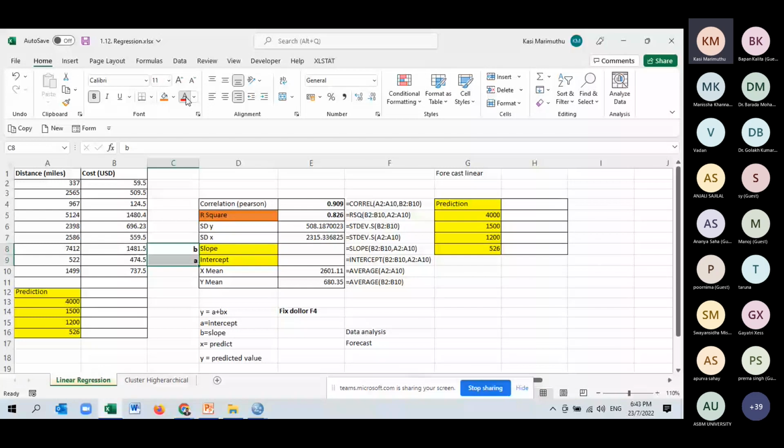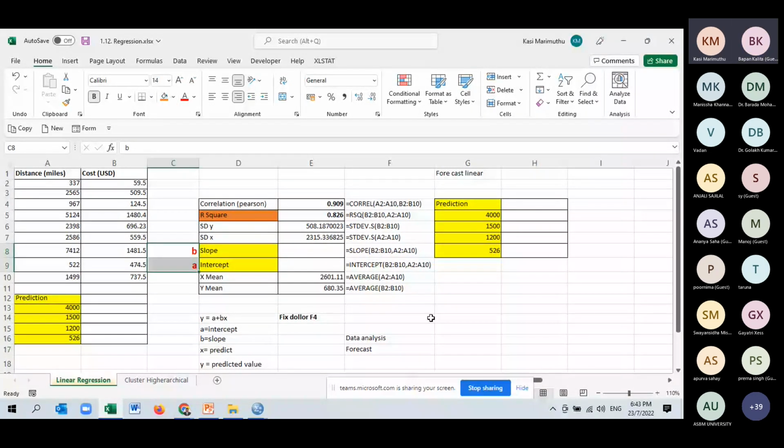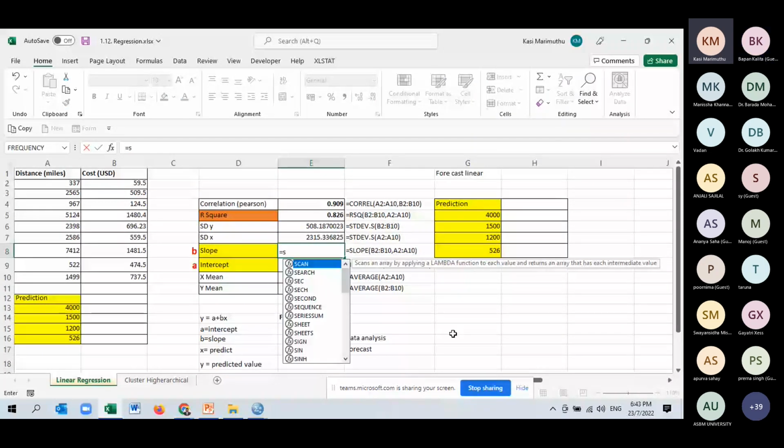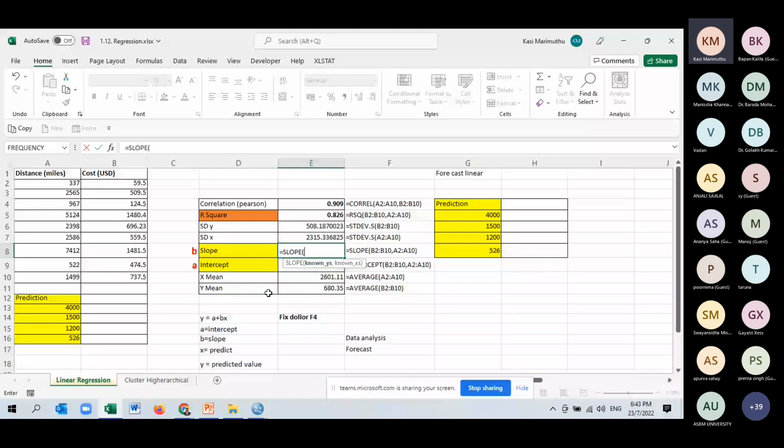Shall we calculate the A and B? Yes, sir. So directly you can go, put equal to just SLOPE. Understanding regression using Excel, lot of applications there. Directly you can calculate.